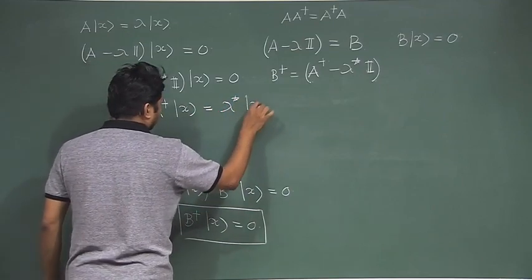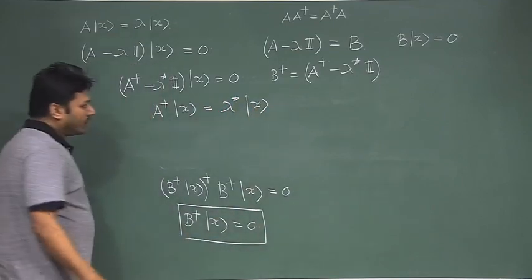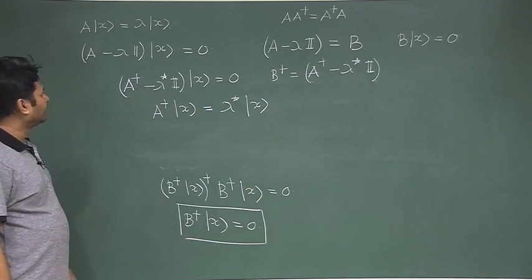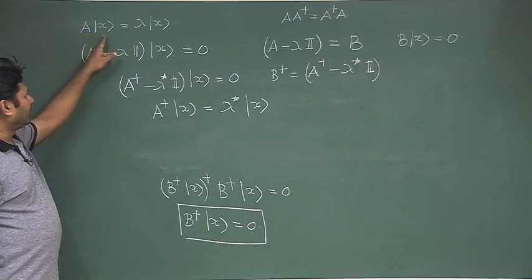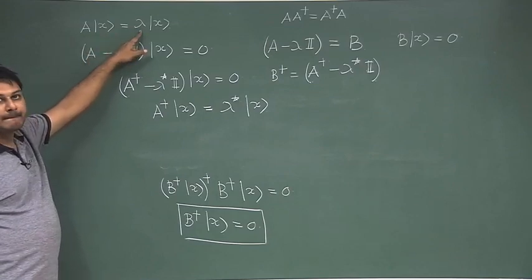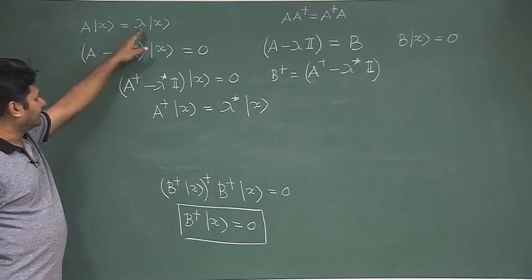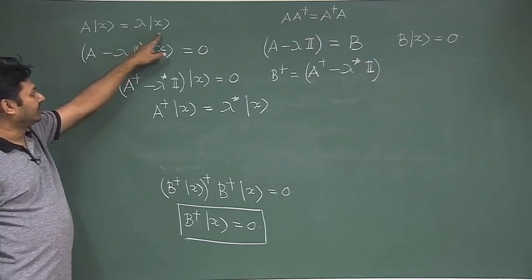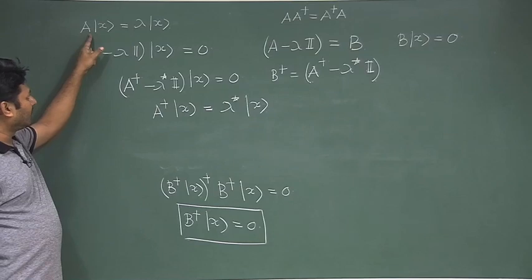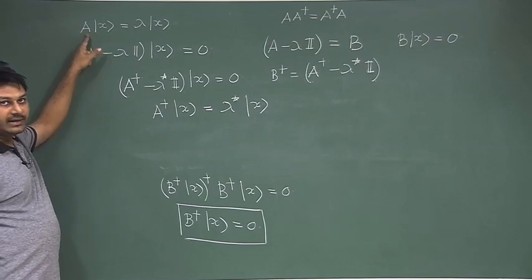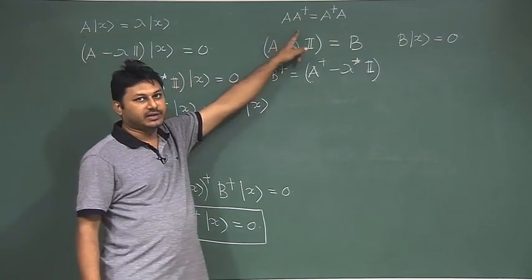Or in another way, I find another important conclusion. What essentially I get: A is a matrix, I operate over x, I find an eigenvalue of that, and this is the eigenvector. Now I want to find out what is the eigenvector or eigenvalue of the A Dagger operator when A is a normal matrix.